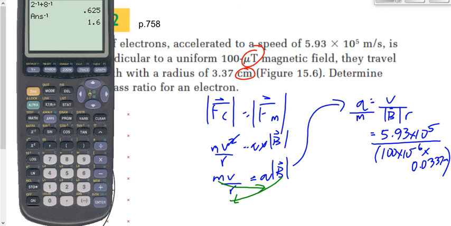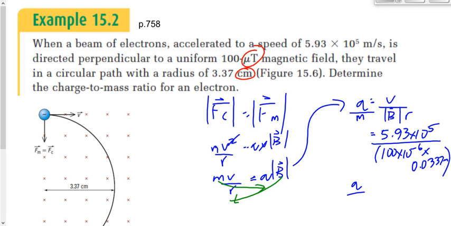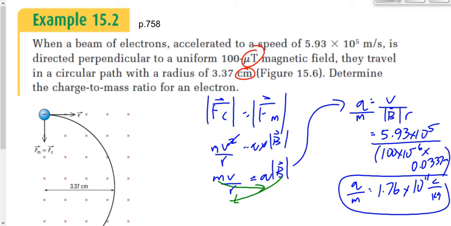On the bottom, let's say 100 times 10 to the minus 6 times 0.0337. And now let's say 5.93 times 10 to the 5 divided by that. Oh, look at that. What do we get? 1.76 times 10 to the 11 coulombs per kilogram. Isn't that what I said Thomson found the charge to mass ratio of the electron to be, or the cathode ray to be?